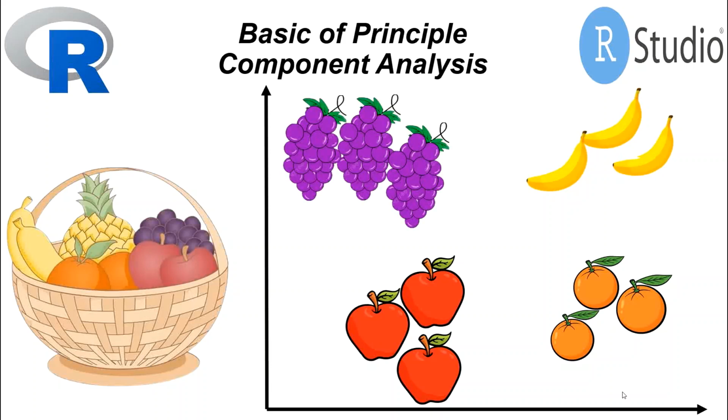Now keep in mind that you did all of the separation by keeping the common features of the fruit in view. All of the oranges are alike and likewise all of the apples are alike. That's why you put them in a separate position. By the way, what you did right now is basically principal component analysis. You separated the stuff from one another based upon the common features in them.